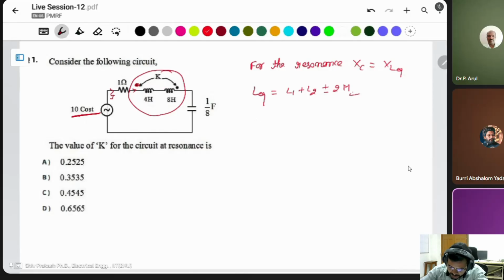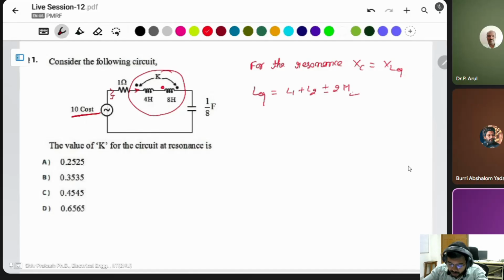But in this case, the current enters one inductor at the dot side, and in the other inductor the current is leaving from the dot, not the same side. If the dot is here, both inductor currents flow in the same position, which means additive polarity.